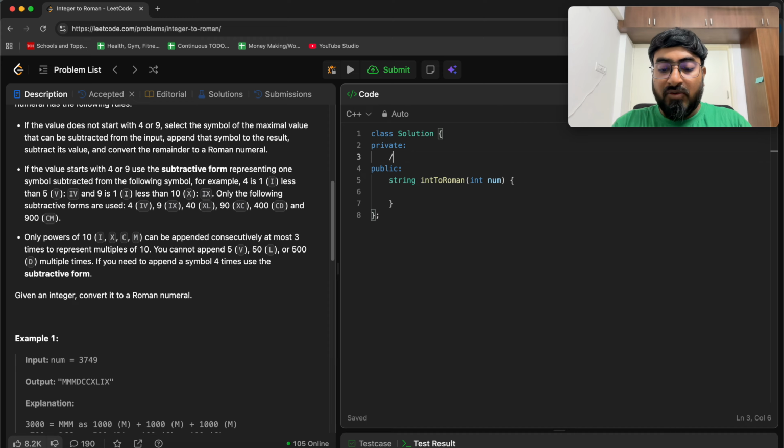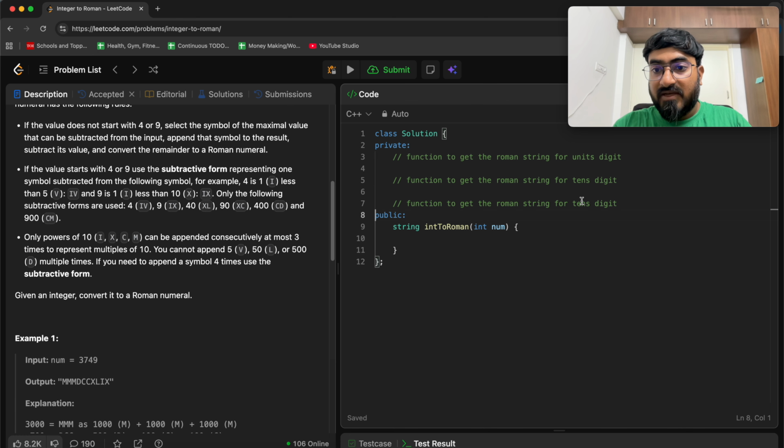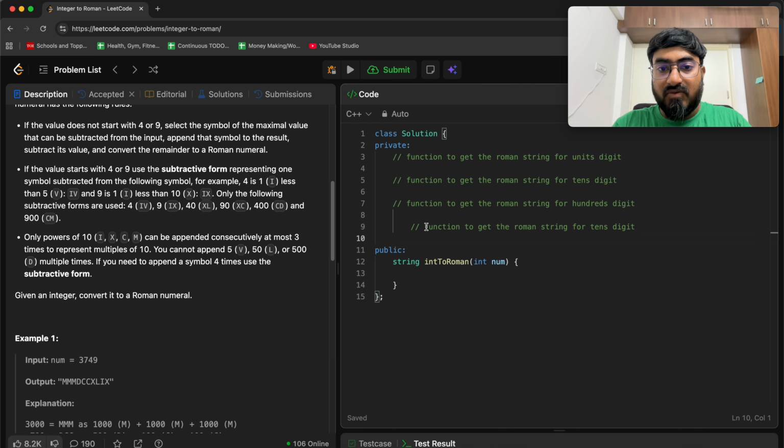Okay, so I'm going to write a function to get the string for units digit. Similarly, a function to get the Roman string for tens digit. Then a function to get the Roman string for hundreds digit, and a function to get the string for thousands digit.